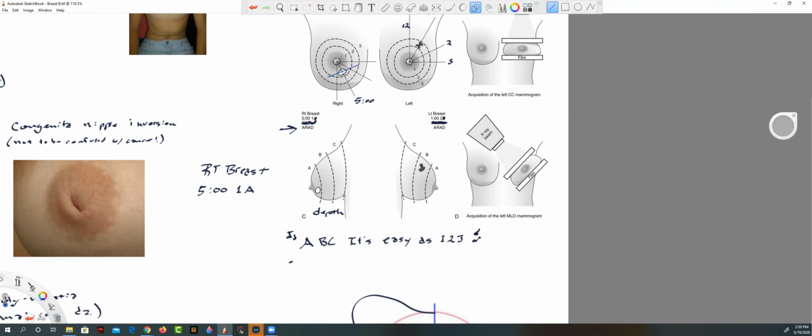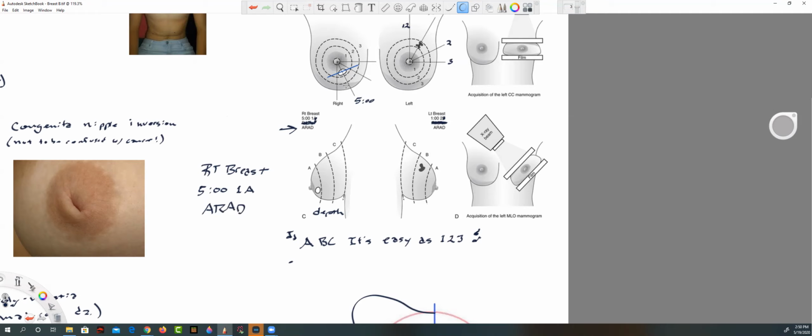There's my transducer. It is in the ARAD position. Right breast 5 o'clock, location 1, depth A, ARAD.